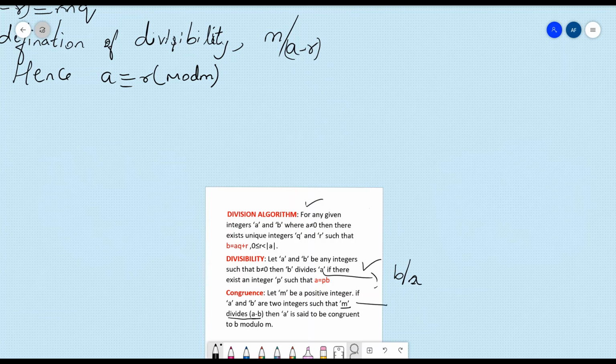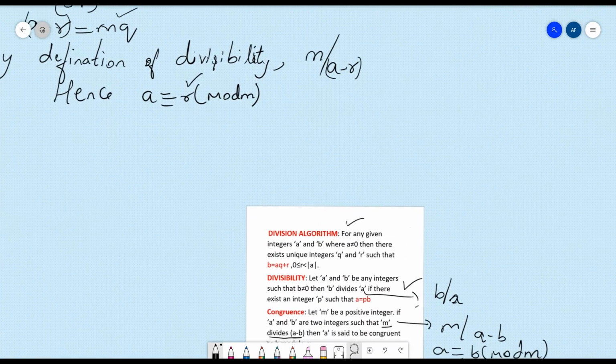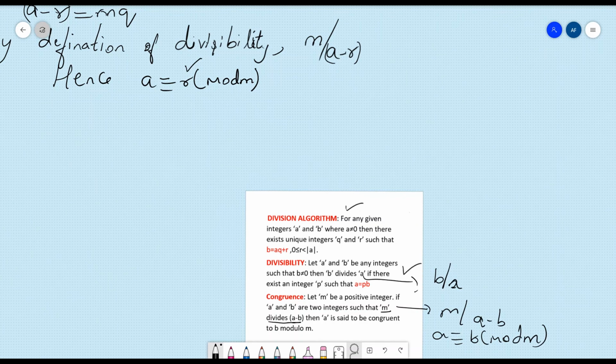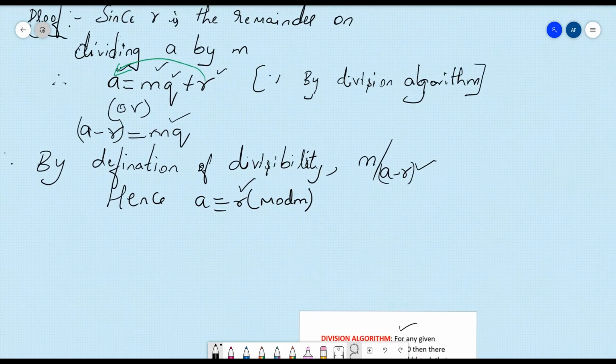M divides a minus b. Then a is said to be congruent to b mod m. Here in place of b, I have r. That's the difference. So by the definition of congruency, I can write down this as a is congruent to r mod m.